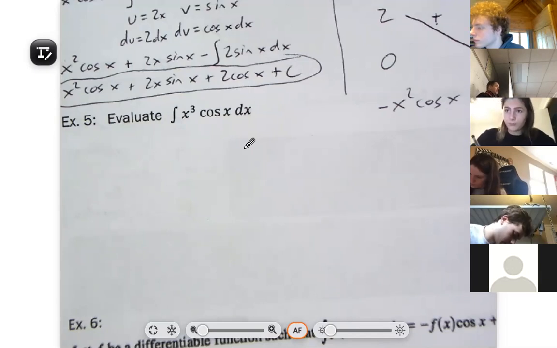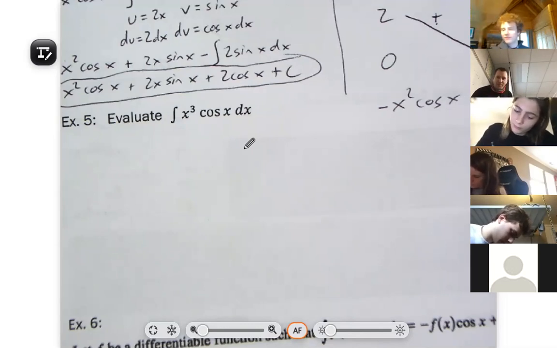Is anybody doing the integration by parts repeated? I'm just curious how long it would take. Anybody at home doing the repeated integration by parts? Okay.